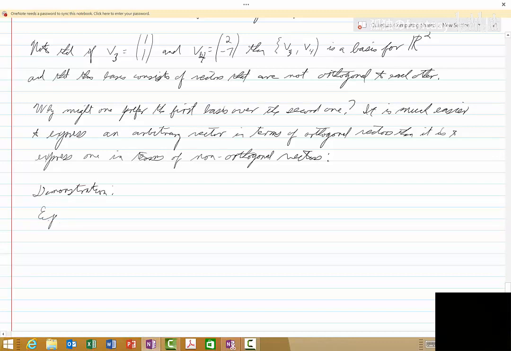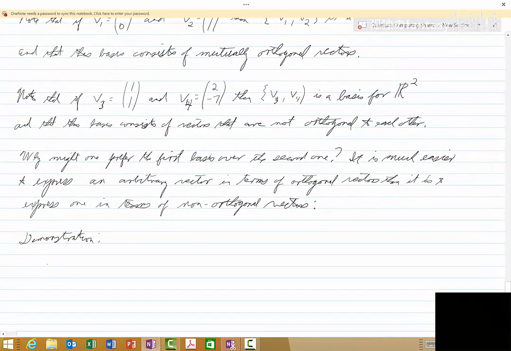Well, of course this is not an arbitrary vector, but you get the point. This is a specific vector.